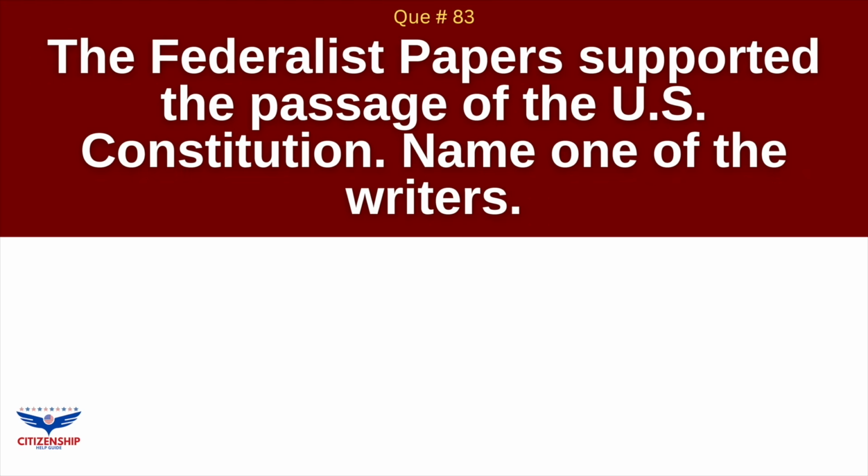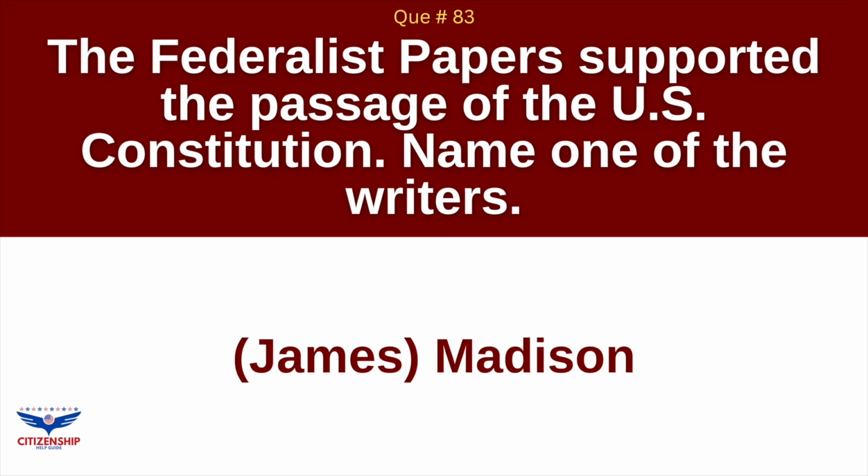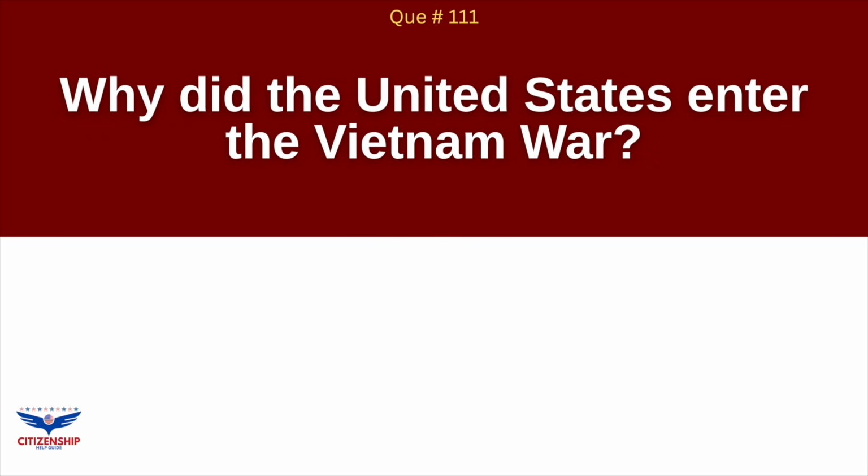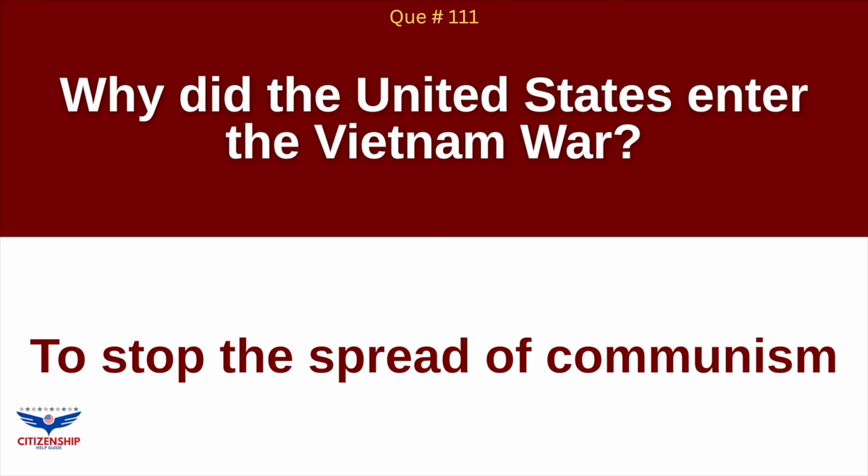The Federalist Papers supported the passage of the U.S. Constitution. Name one of the writers. James Madison. Why did the United States enter the Vietnam War? To stop the spread of communism.